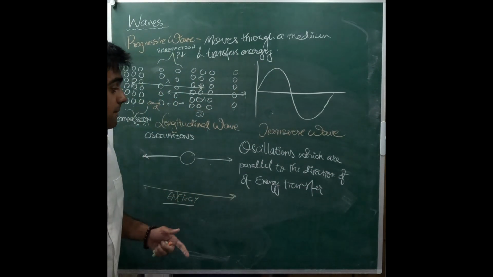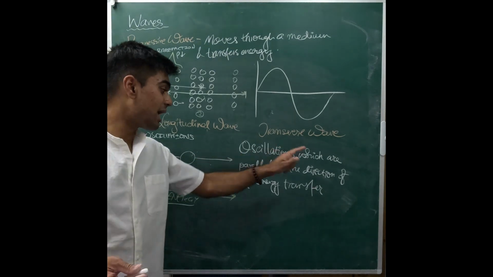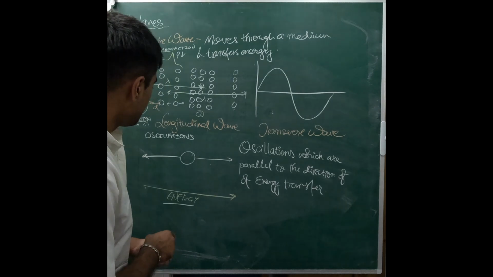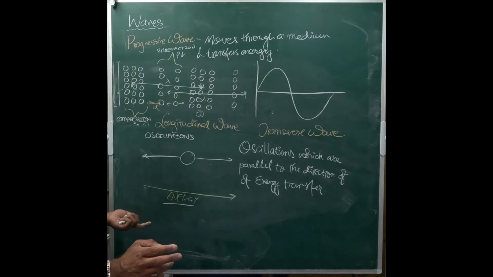It's as simple as that. A longitudinal wave is a wave which has oscillations which are parallel to the direction of energy transfer. That's kind of all you really need to know about longitudinal waves, realistically.